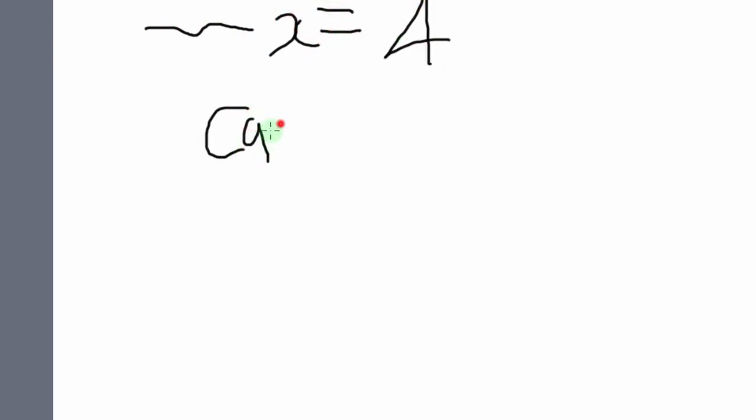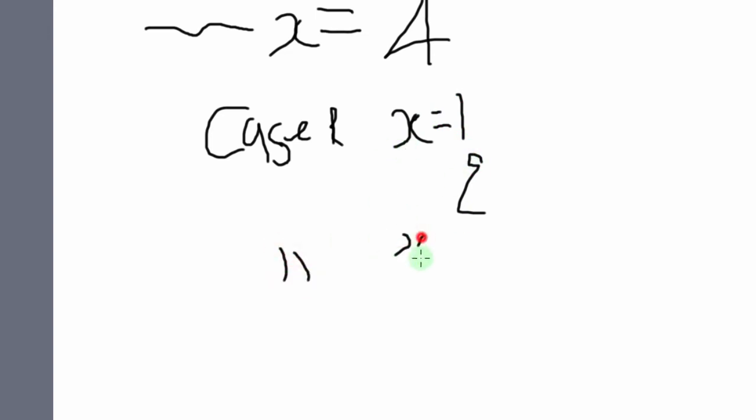Maybe x, you can even say x is equals to 4, and then you have a case whereby case 1, x, case x is equals to maybe 1, you'll do something else. Then another case where x is equals to 2, do something else.